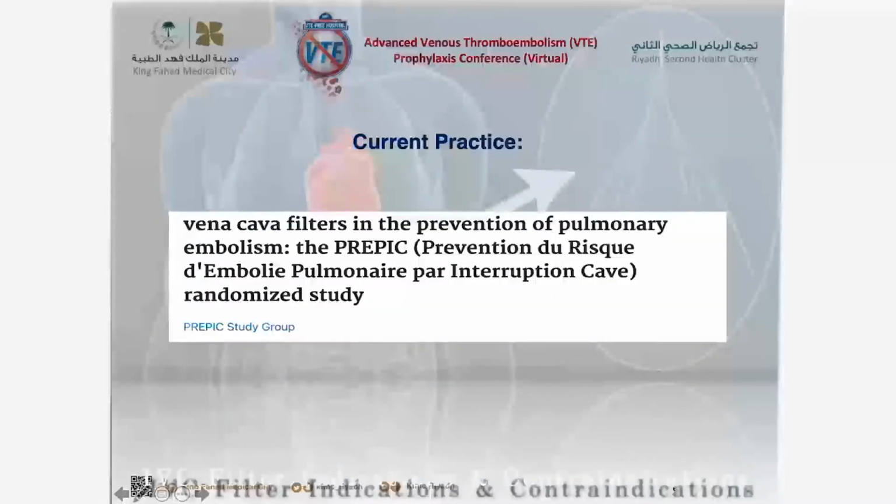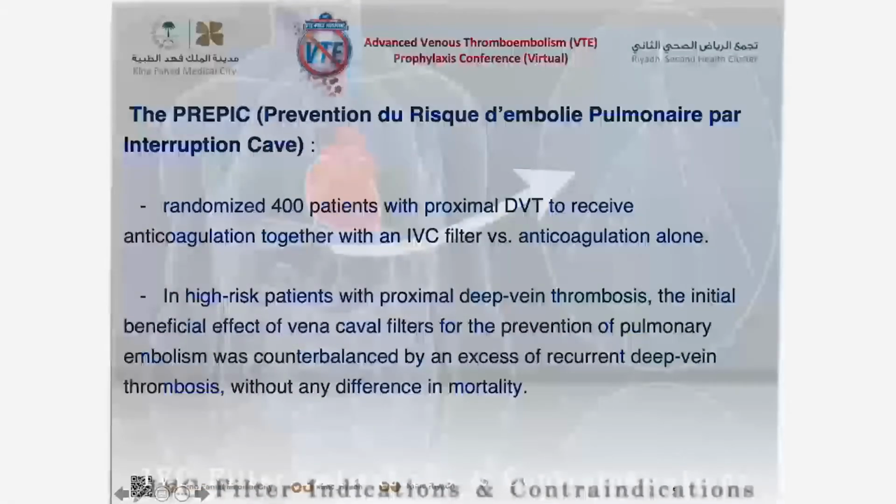Let's have this interesting study, the PREPIC, before discussing the indications. This study randomized 400 patients with proximal DVT to receive anticoagulation together with the IVC filter versus anticoagulation alone. In the high-risk patient with proximal deep vein thrombosis, the initial beneficial effect of the vena cava filter for the prevention of pulmonary embolism was counterbalanced by the excess of recurrent deep vein thrombosis without any difference in mortality.